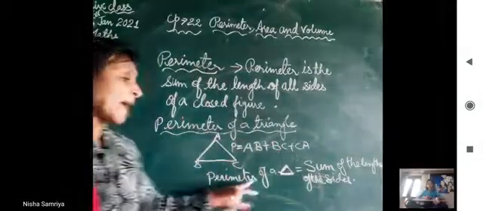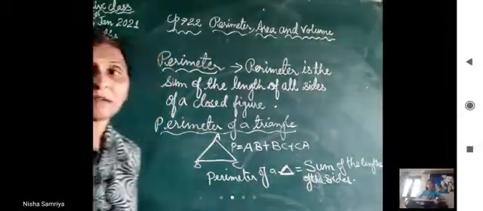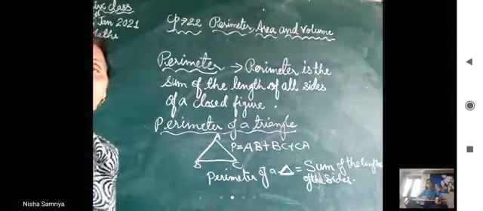How can you find out the perimeter of a triangle? If the question comes that you find out the perimeter of a triangle, if sides are given, then you write this formula: perimeter of a triangle is equal to the sum of the lengths of the sides.